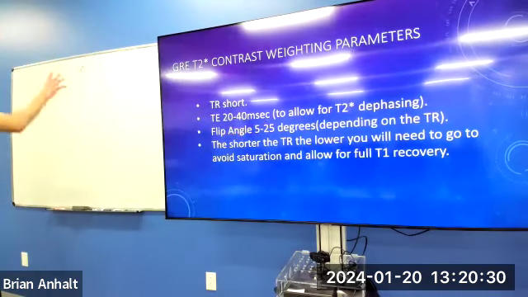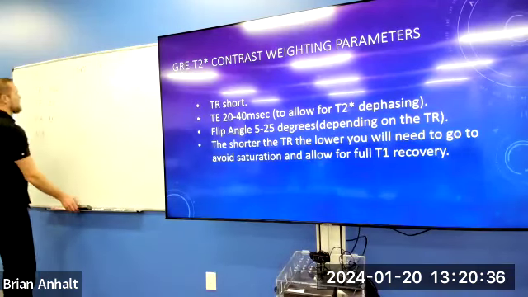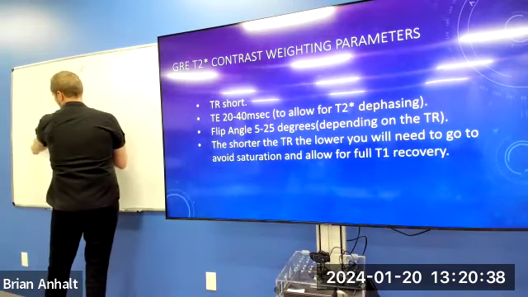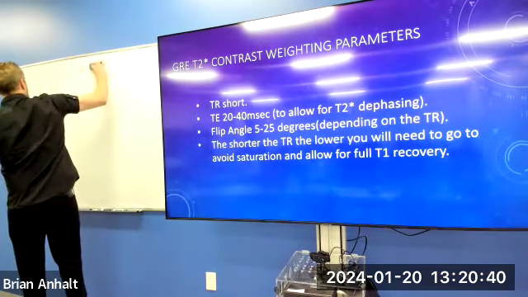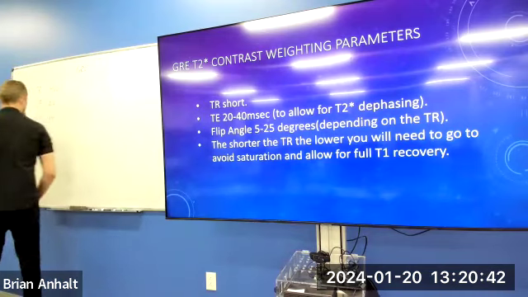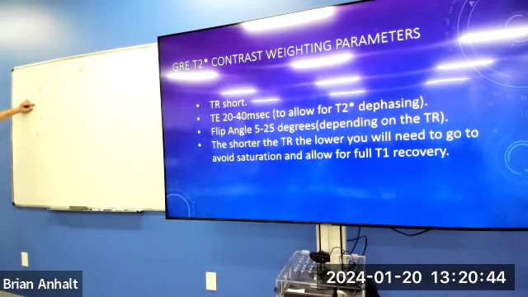So now, right here, TR doesn't even matter, we know it's short. Well, it does matter. What kind of sequence do we have? What kind of pulse sequence? Without the refocusing pulse? Gradient. Long or short TE? Long. Long in the gradient world, right? 25 milliseconds.